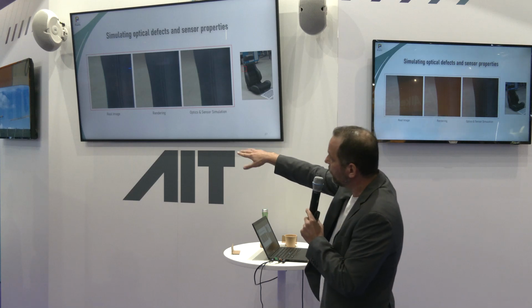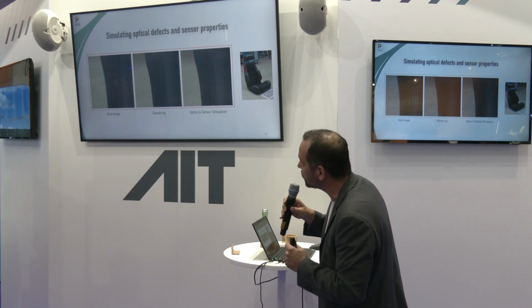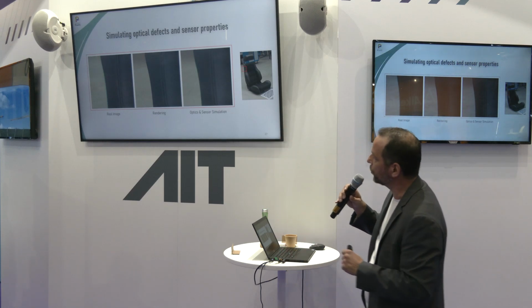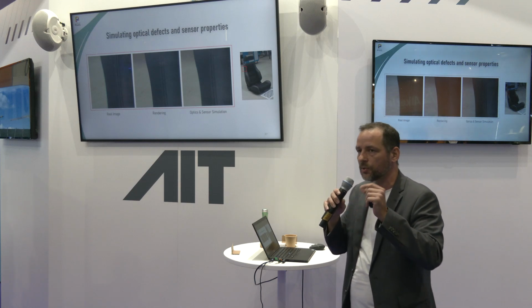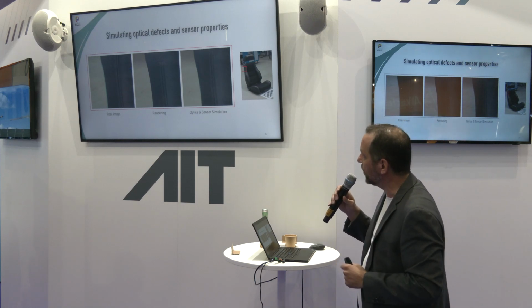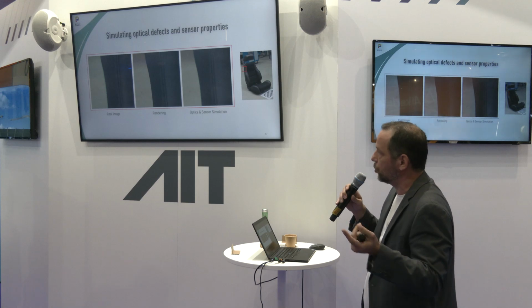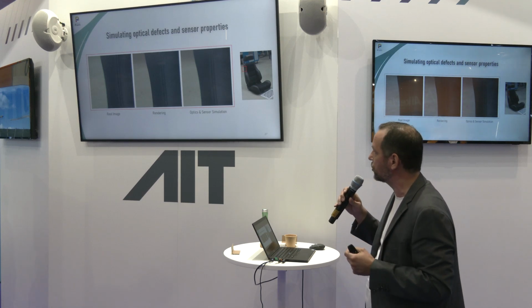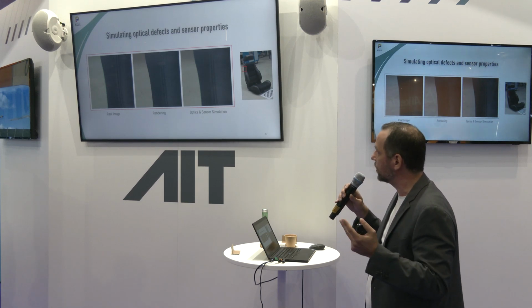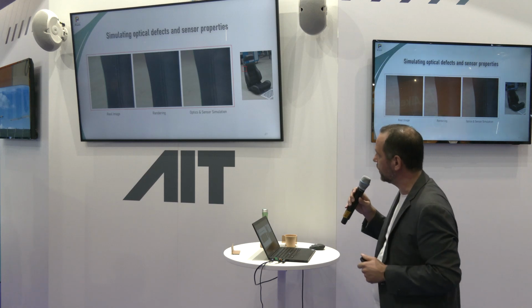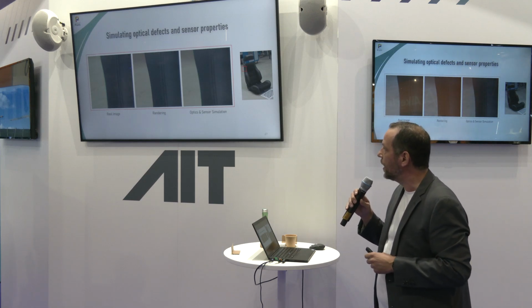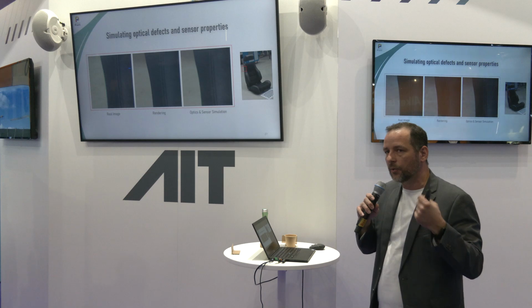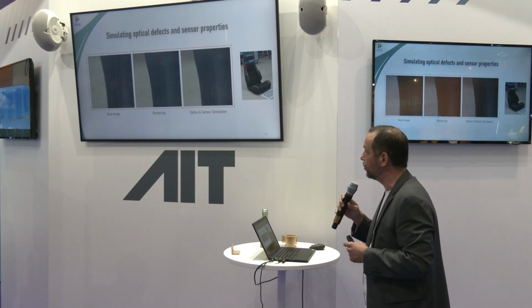On the left side, if you would be able to see it, this is a crop from the real image, and you see the sensor noise and the optical defects. The middle image is a pure rendering, and it's too perfect. You see crisp, sharp edges, no sensor noise, and after our simulation pipeline, on the right, you see that we can get really, really close to the real-world distribution.